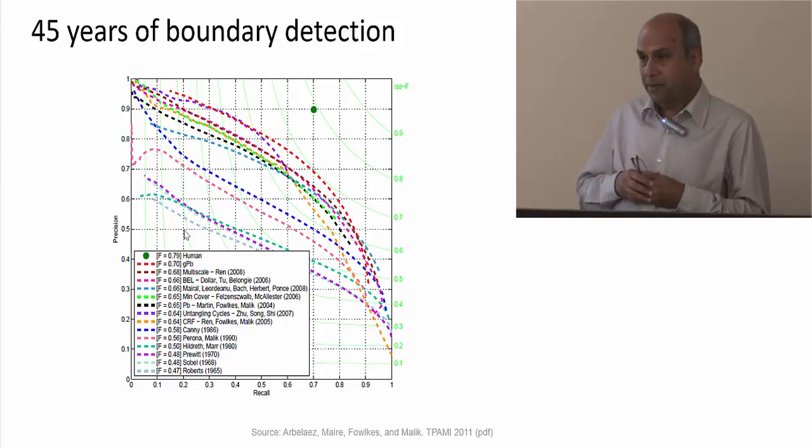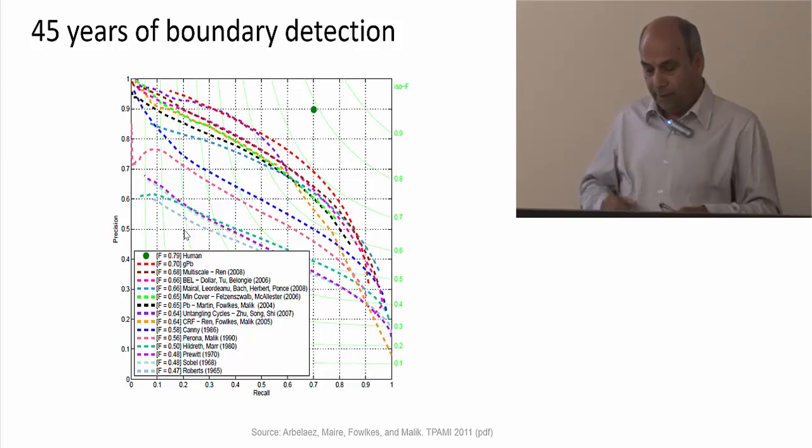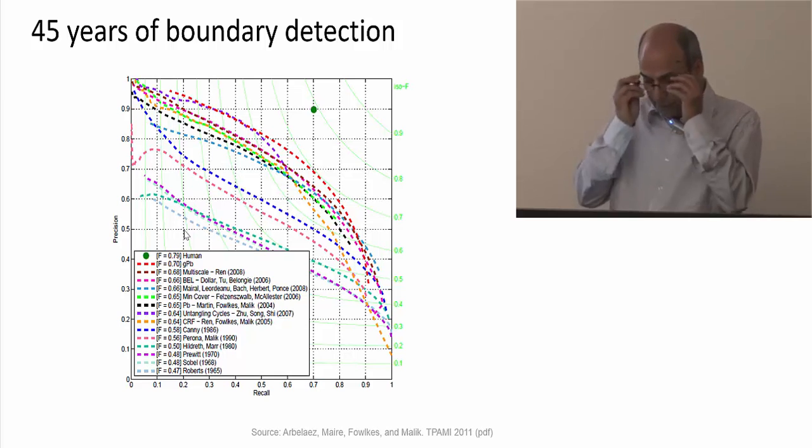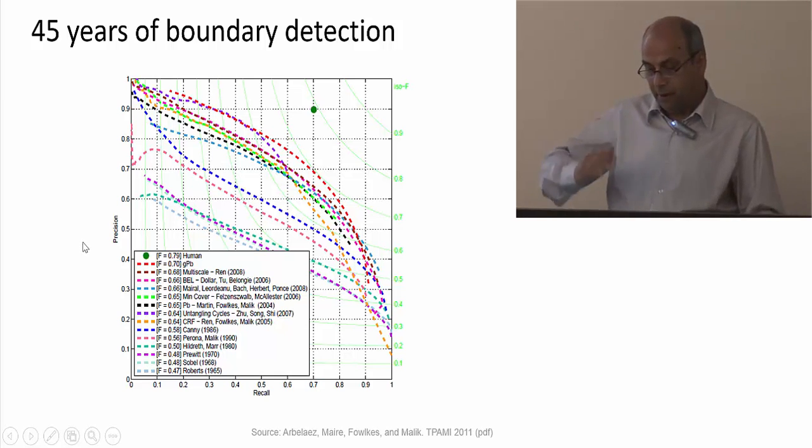One way to measure many things in computer vision is what is called the precision-recall curve. Here is the recall, and here is the precision, and as you see, the precision-recall has changed from the early edge detectors to this one, and this is actually the human precision-recall, which is shown here by the green dot.